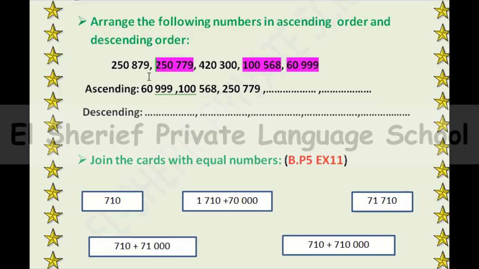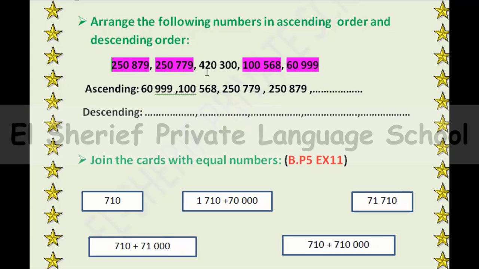Okay, we will look also at the greatest place value. In the first one we have in 100,000 we have 2, and in the third number we have 4. Okay, so 4 is greater than 2, so 250,879 is the next one, so we will put this number here.